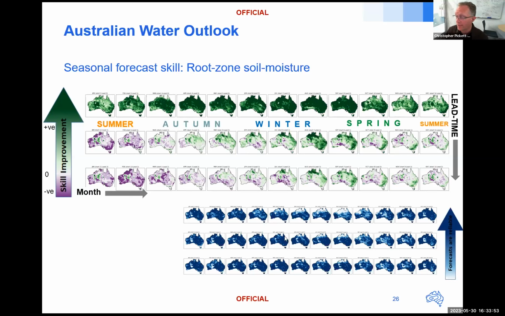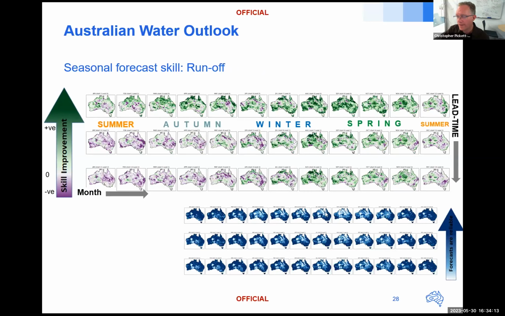I won't go into the details just now because of time, but forecasts are generally reliable and acceptable. You can see the only places where we have trouble with forecast reliability is in the top end in the dry season, which is not that surprising. With runoff, we see a decrease in skill, but it's not too bad.